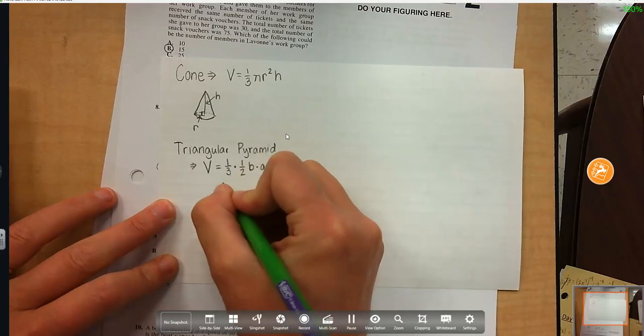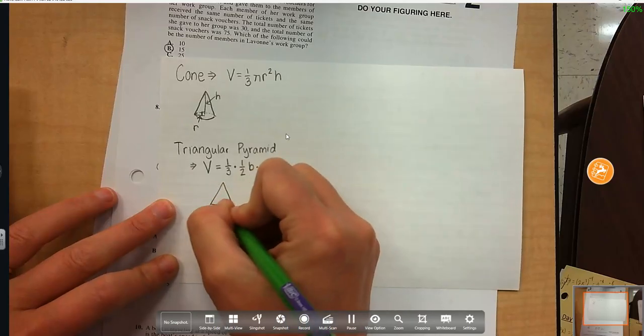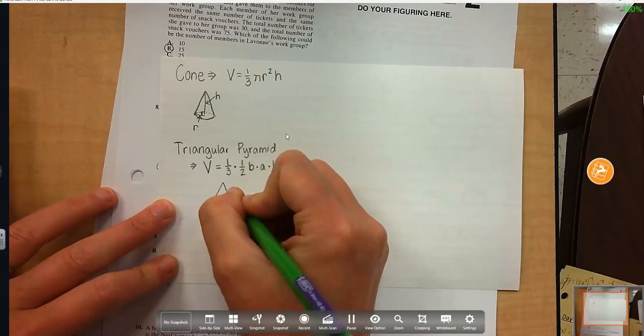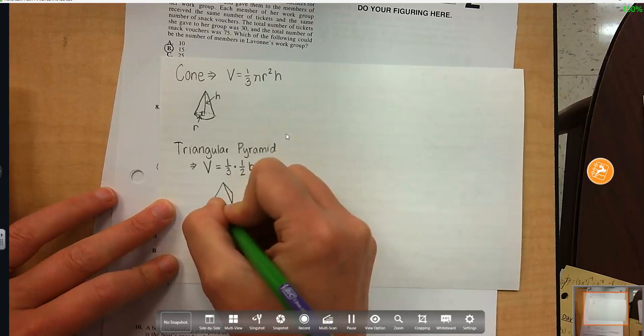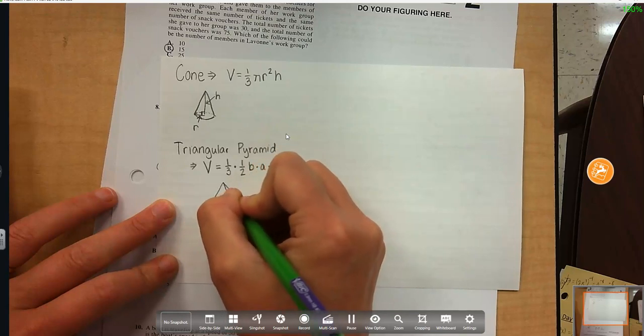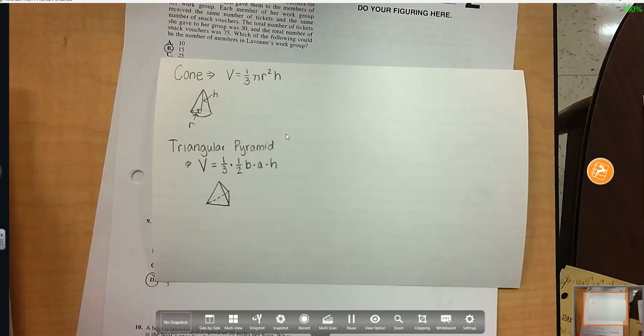So I'm going to just draw a triangle, and then I'm going to draw a line here, and then put a dotted line for that back side.